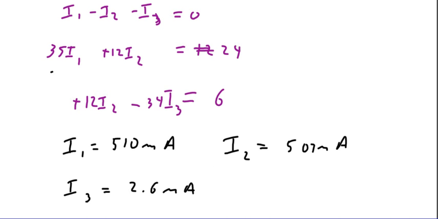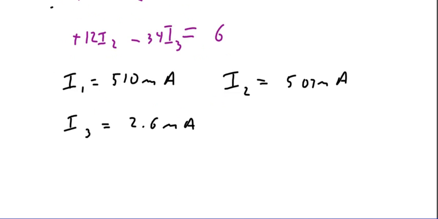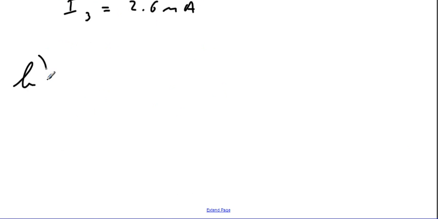Okay. Now we're looking at the B part of the equation, and B wants to know what is the terminal voltage of the 6-volt battery? Okay, so the terminal voltage on the 6-volt battery is going to be 6 volts minus the current.